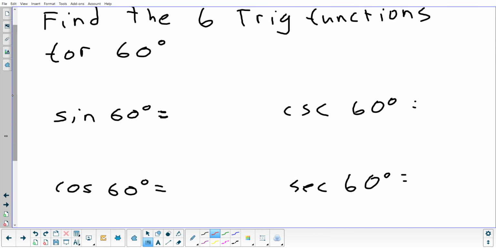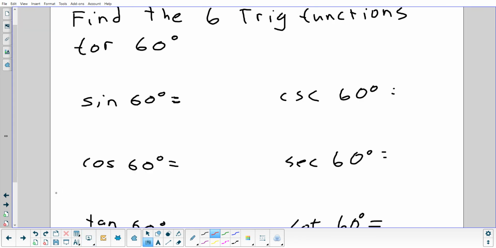Take a couple minutes and see if you can get the 6 trig functions for 60 degrees: the sine, the cosine, the tangent, the cosecant, the secant, and the cotangent. If you get stuck or you just need a little help with something, just let me know.